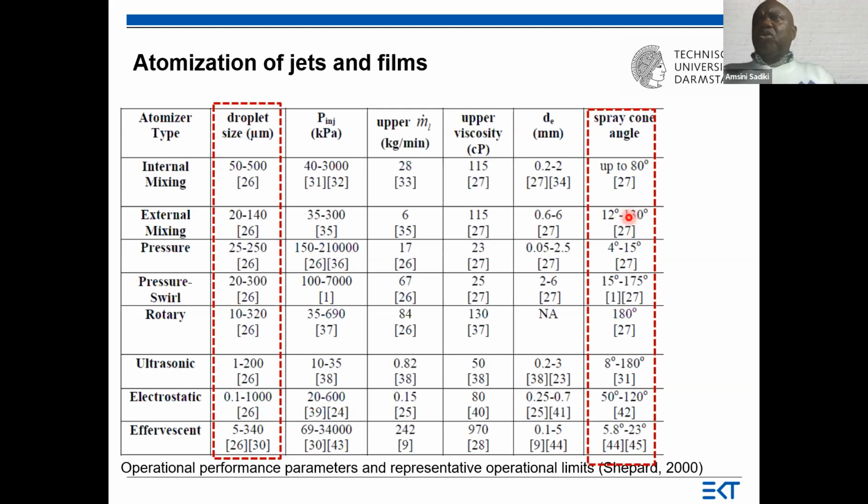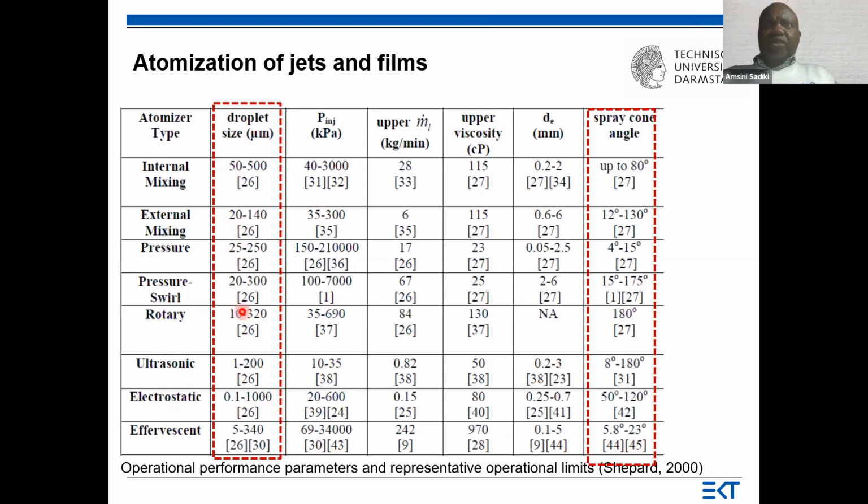If you want to get more spray angle, we have to use the pressure swirl, because it produces larger angles, and then rotary, ultrasonic, electrostatic, and effervescent. No more. Here we have only up to 23.